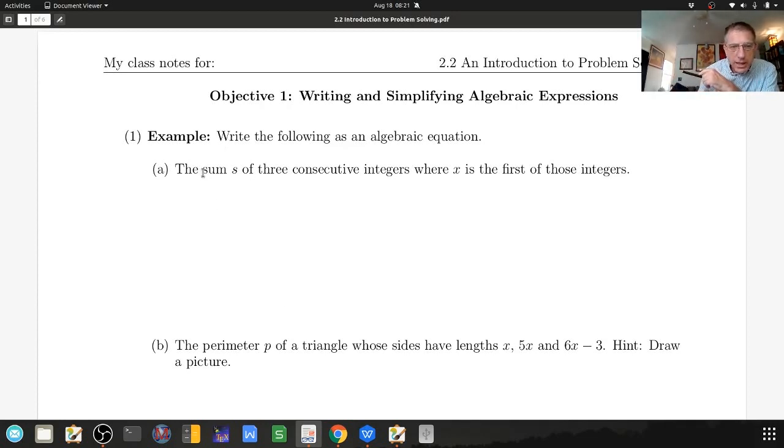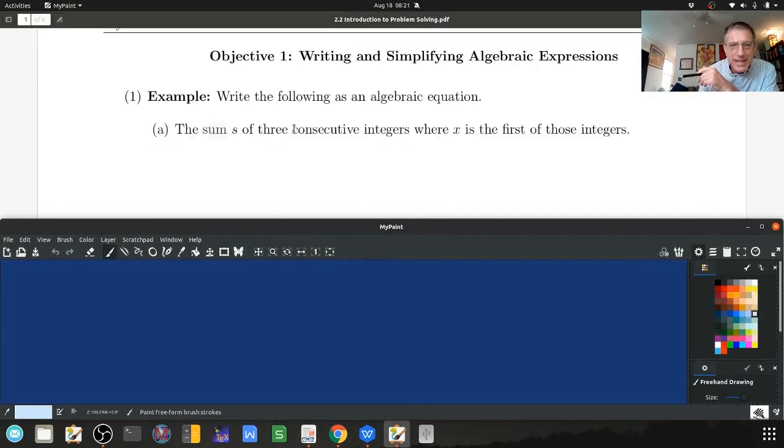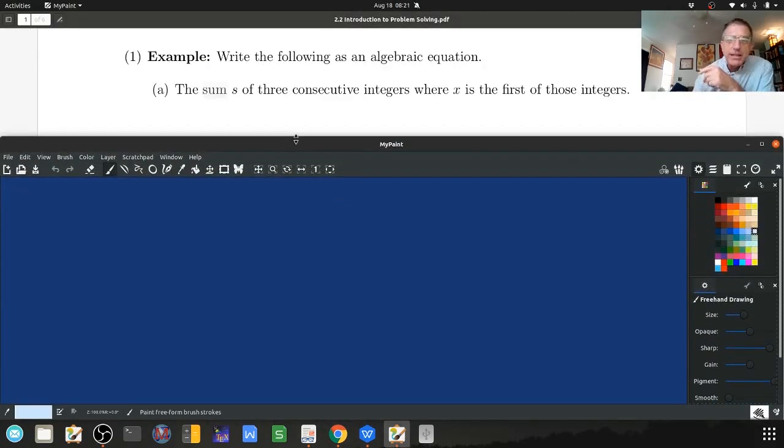So here is the keyword, the sum, S. You're going to note the sum is S, and sum means adding. So the sum of 3 consecutive integers, where x is the first of those integers. Our sum, we start out with S. S is going to be equal to x.